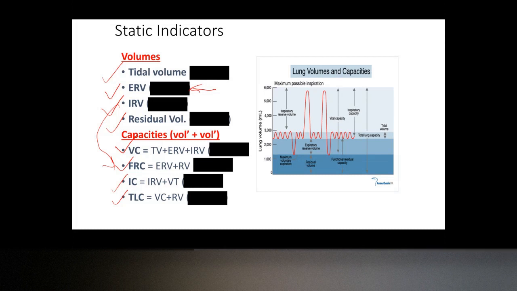What about residual volume? Anyone? Between 1,000 and 1,500 or something. Yep, exactly. That's a good range. 1,000 to 1,500. Okay, so what about vital capacity?